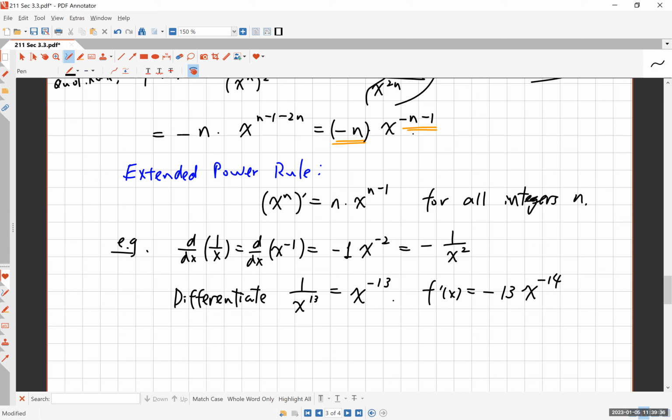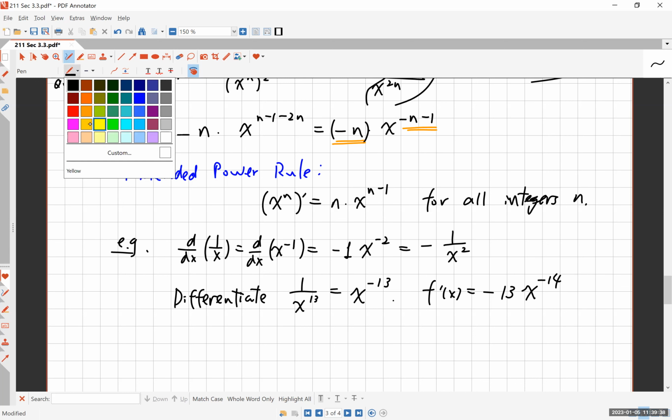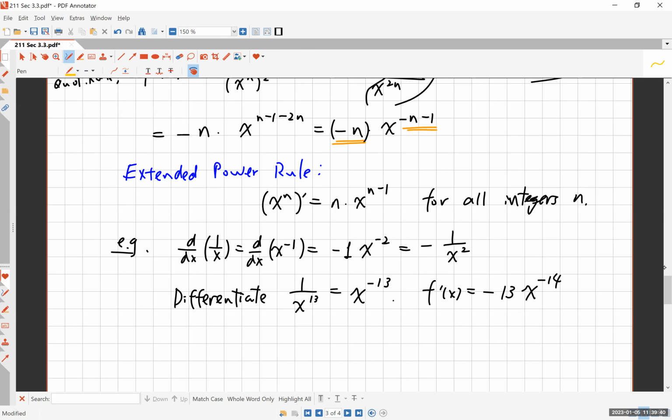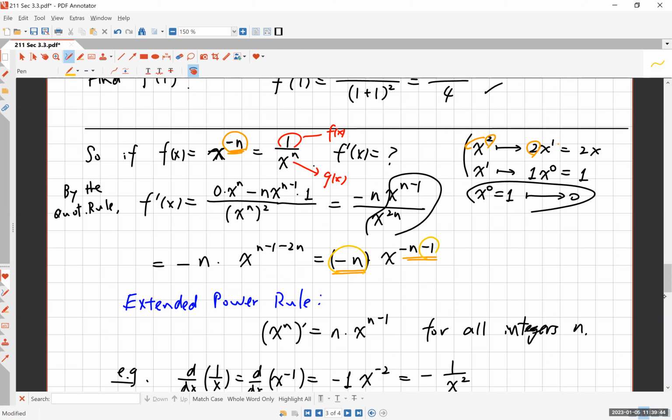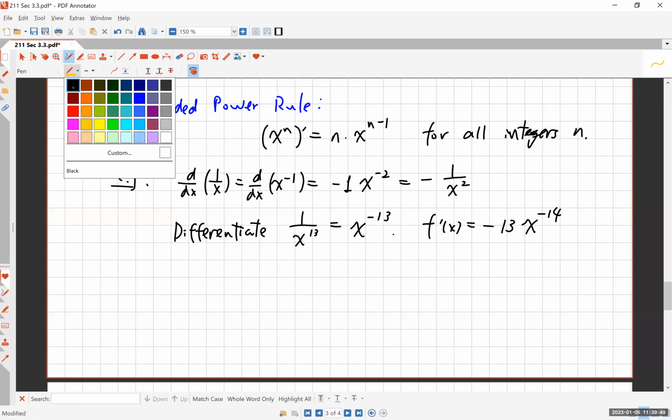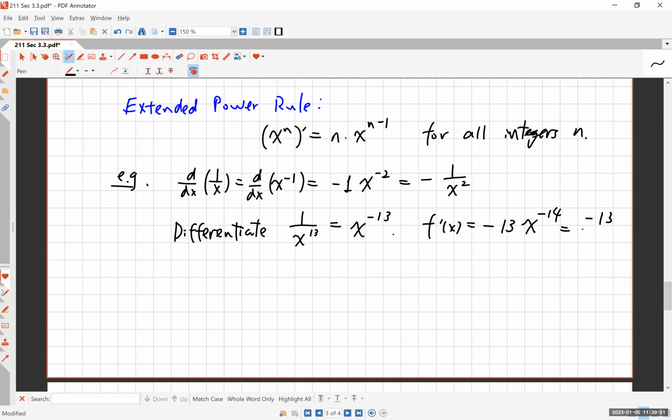Remember, you subtract 1. Here, the original exponent was negative n, and you subtract 1 from it. So you can also, of course, write this as negative 13 over x to the 14th power. If you write this in the denominator, of course, you don't have the negative exponent.